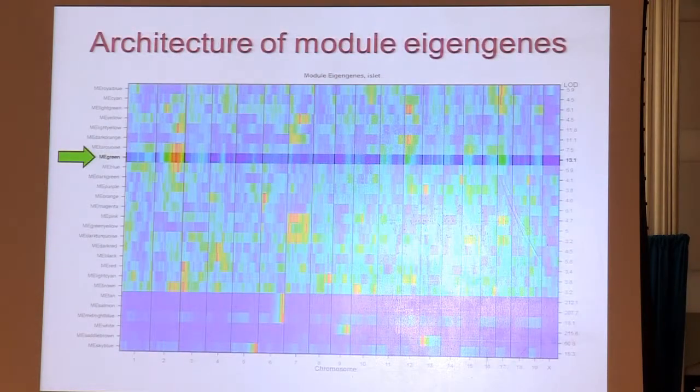And when we take the module Eigen genes, and I've smoked out the other ones except for the green, the ME green, we learned from Steve yesterday that module Eigen gene green maps to chromosome 2. So now we have a handle on this thing from a module standpoint. Okay? And I'm going to come back to this later in the talk if we have time to talk about some of the other aspects of this architectural analysis.